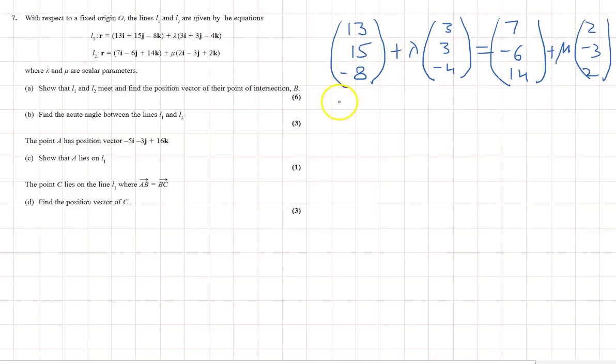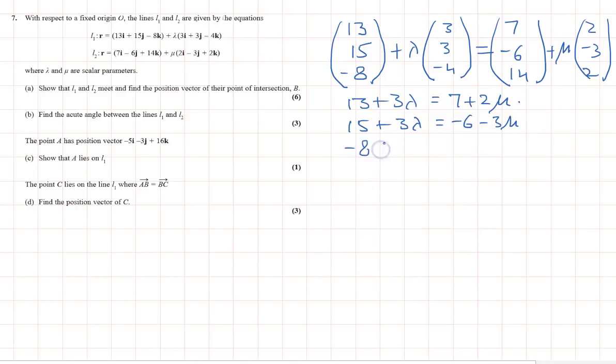So the equations will be 13 plus 3 lambda is equal to 7 plus 2 mu, and 15 plus 3 lambda will be equal to minus 6 minus 3 mu, and minus 8 minus 4 lambda will be equal to 14 plus 2 mu.